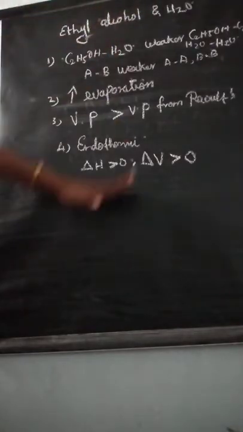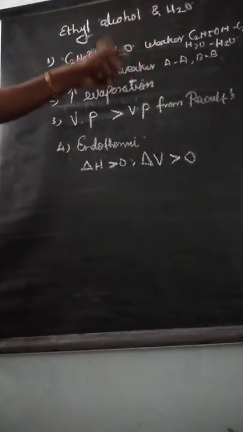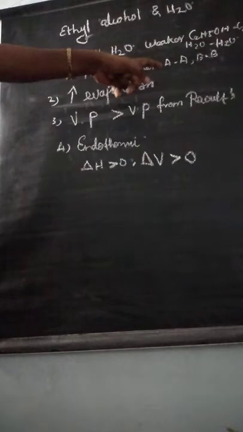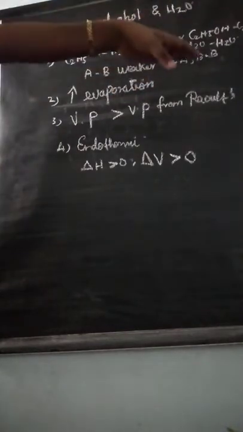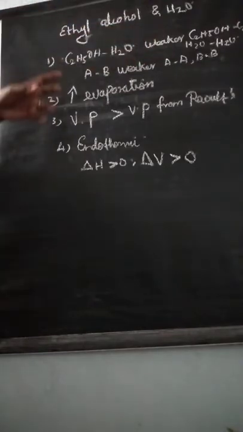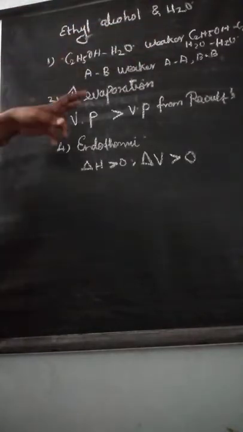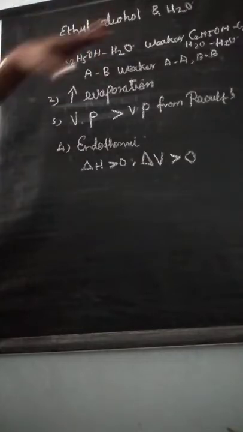Ethyl alcohol and water, there we can explain the points of positive deviation. First point: the ethyl alcohol and water interactions are weaker than the interactions between the like molecules. Second point: this results in increased evaporation of both components.